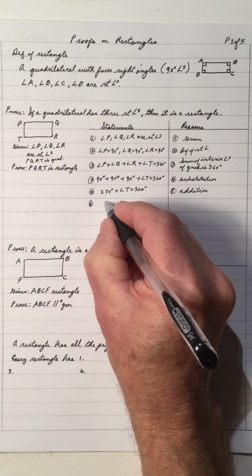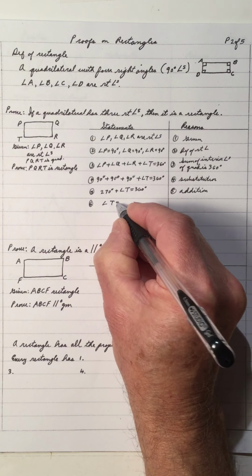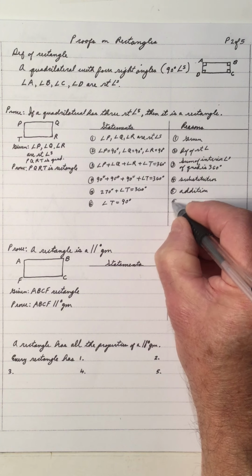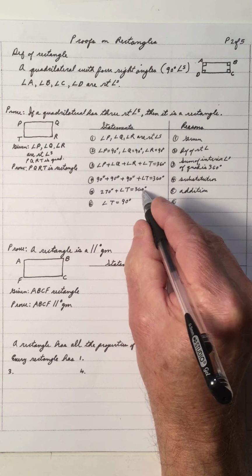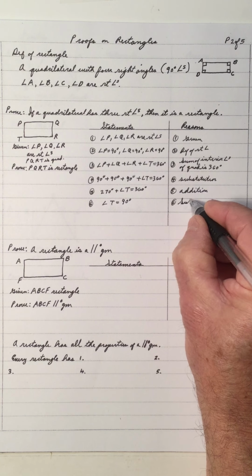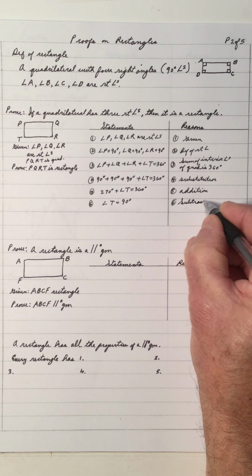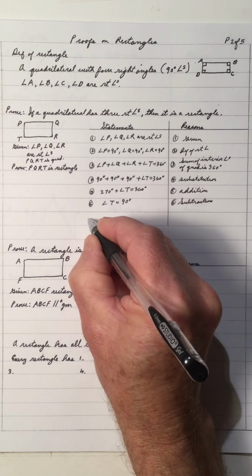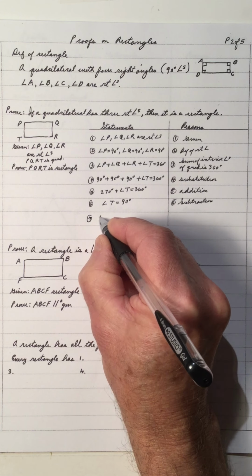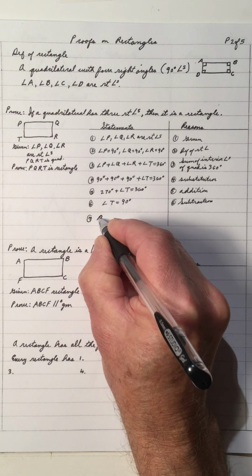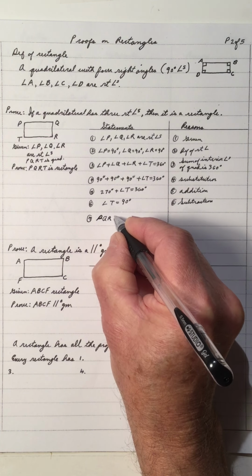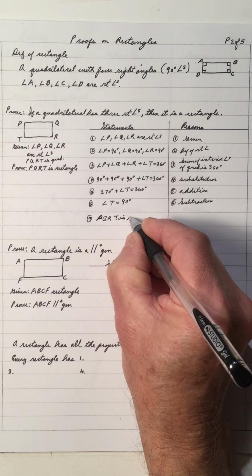And now we'll do a subtraction. So we've got 270, take 270 off of each side and we get a 90 left. So that's the subtraction property of equality. And as a result, PQRT is a rectangle.